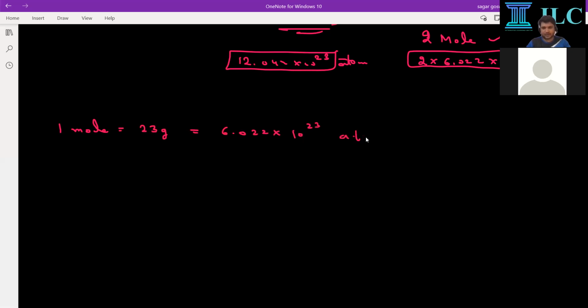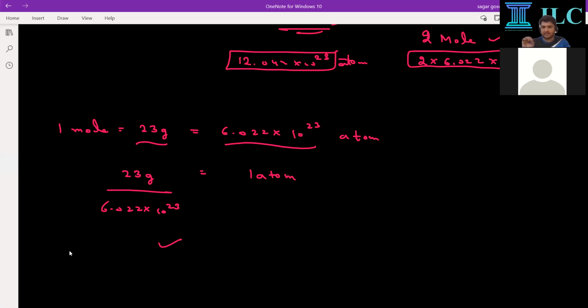So for that much atoms, the weight is 23 gram. If you want the weight of one atom, you have to divide: 23 gram upon 6.022 into 10 to the power 23. It is a unitary method. It will become a very, very small value.